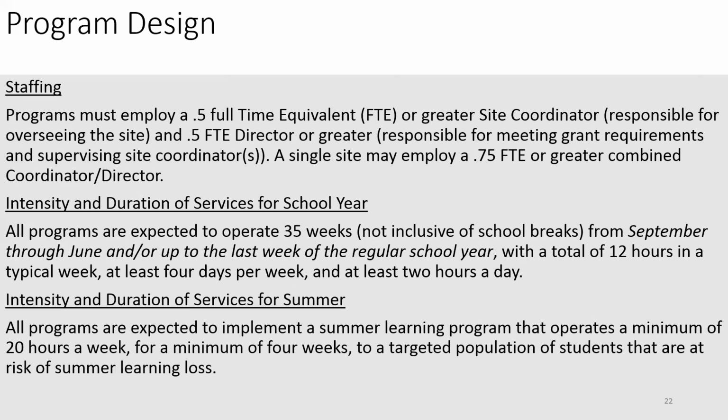Say they might cover 2 counties, like Pierce and Kitsap County. We would not expect to see that organization apply twice as a primary partner. We have had that question already come up, and if you have two communities that are close together using the same partners, you might think about collaborating on a single application, or you might need to find additional partners that would qualify as an eligible entity partner.